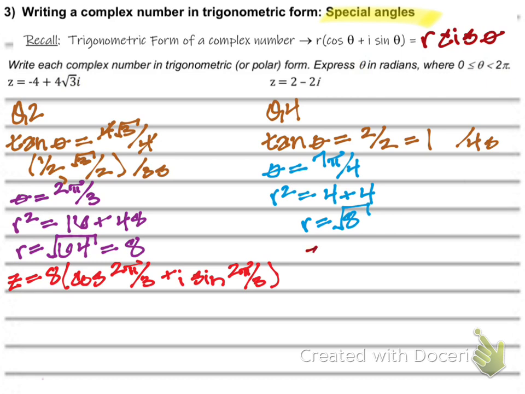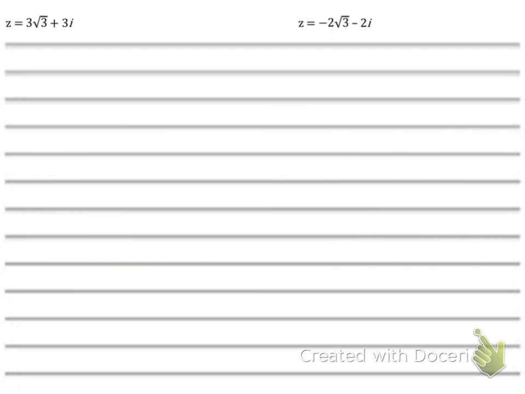So I'm going to write that z is the square root of 8 cis 7 pi over 4. And again, when you put that in ALEKS, you have to put the whole thing, root 8 parenthesis cosine 7 pi over 4 plus i sine 7 pi over 4. Everybody cool? All right.